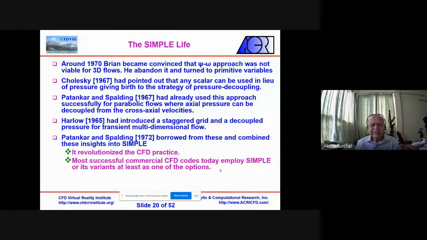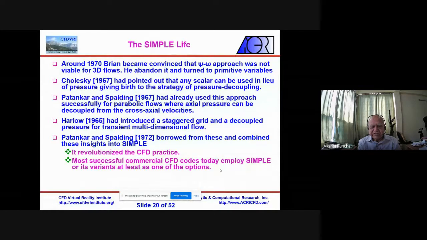So Patankar and Spalding had already used this approach of splitting for parabolic flows, but they had not used it for general flows or elliptic flows. Harlow also had introduced a staggered grid, and a decoupled pressure, the Chorin approach, for multidimensional flow. So basically, Patankar and Spalding borrowed from these and combined them to create something called SIMPLE.